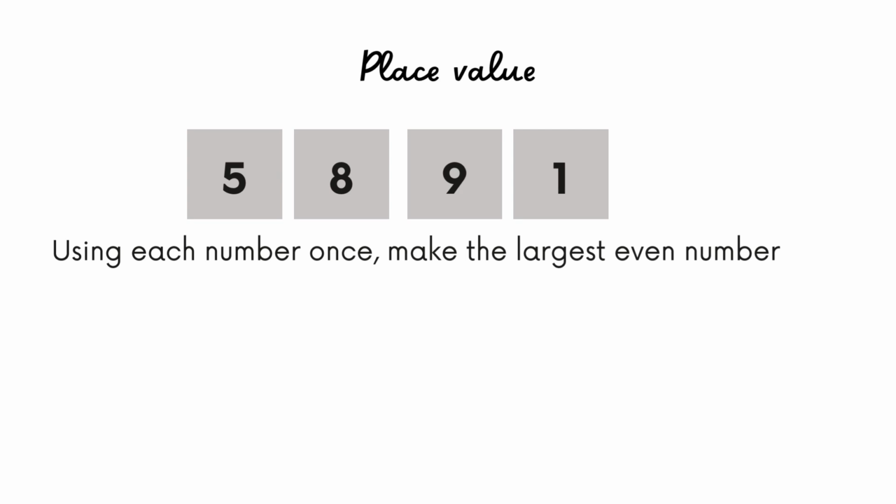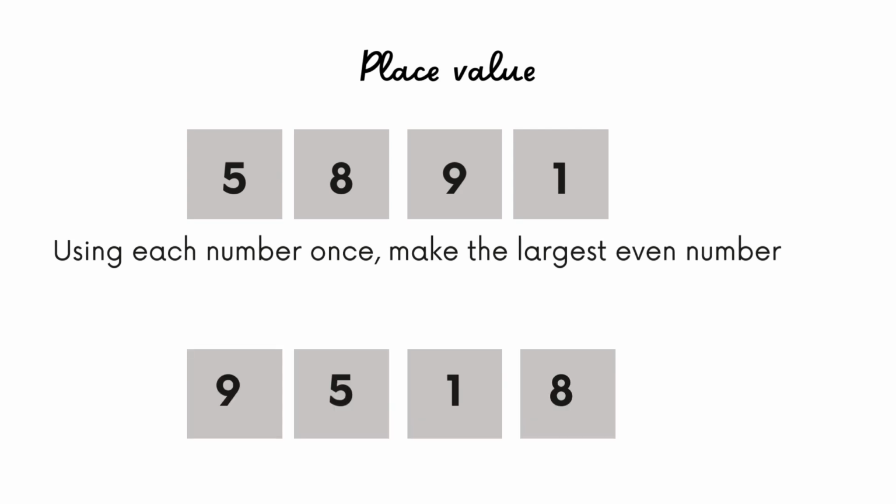The 9, which is the largest number, goes under the thousands, followed by the 5, and then followed by the 1. So 9,518 gives us the largest possible even number.